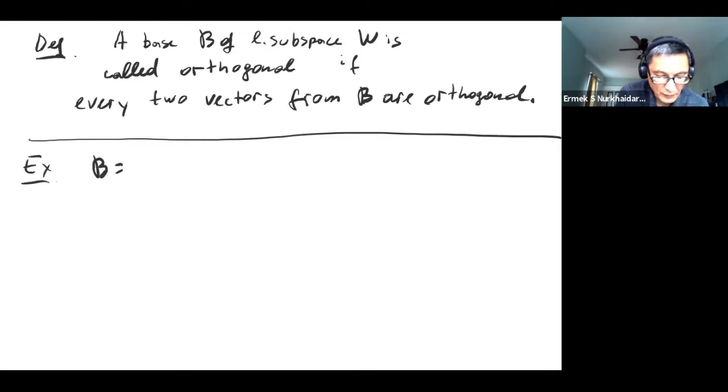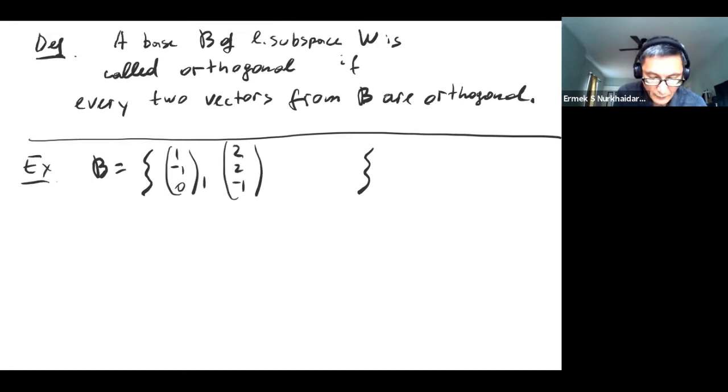So let's look at the base: 1, minus 1, 0; 2, 2, minus 1; and 1, 1, 4. So check if B is orthogonal.